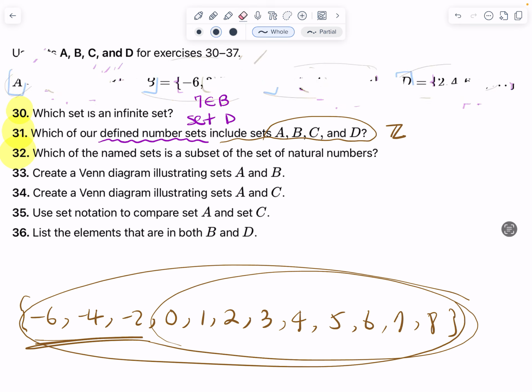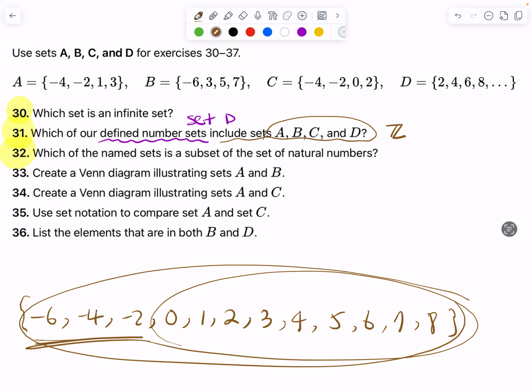Which one, A, B, C, or D, is a baby set, part of the natural number set?